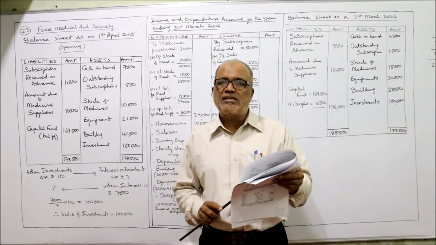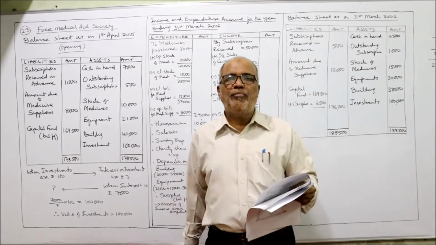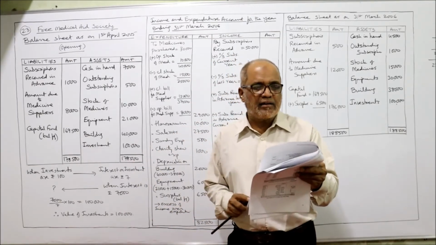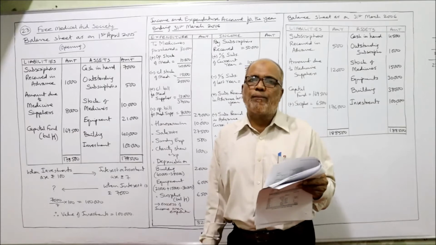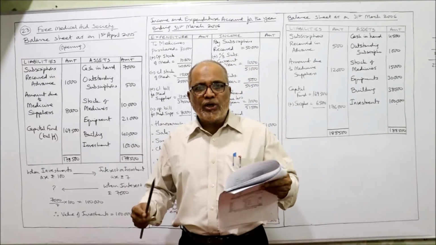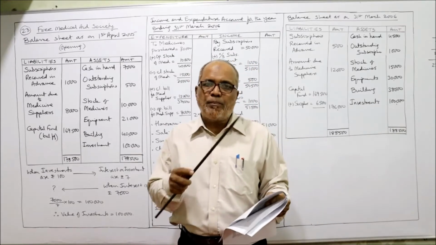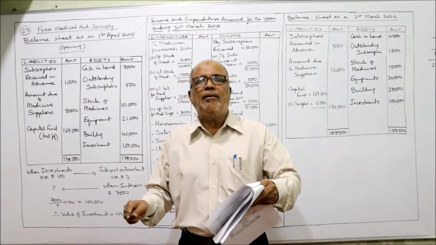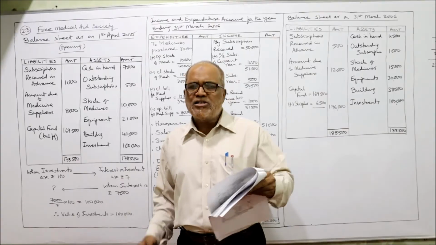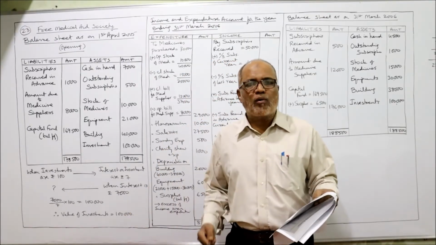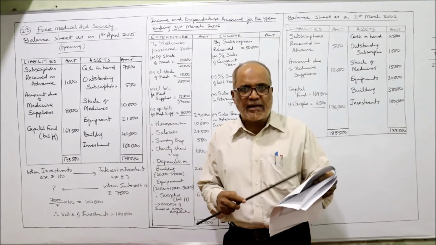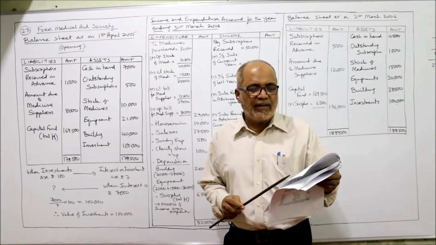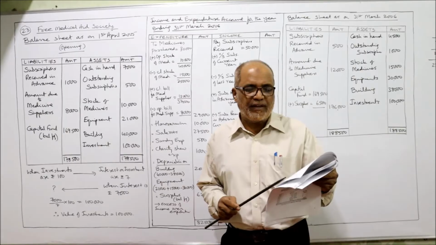Then stock of medicines: the opening stock will be added and closing stock deducted. Amount due to medicine supplier: the beginning of the year amount will be deducted and the end-of-year outstanding bill added, just like the previous problems. Then value of equipment and value of building, at the beginning and end of the year.